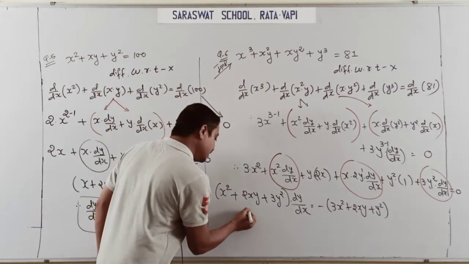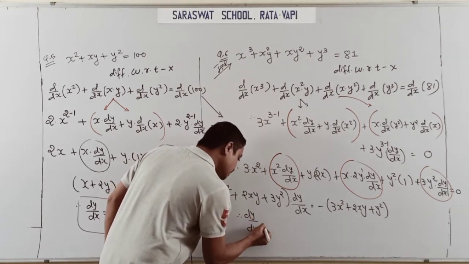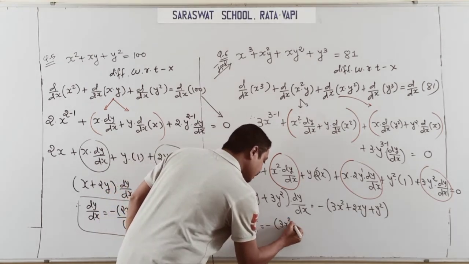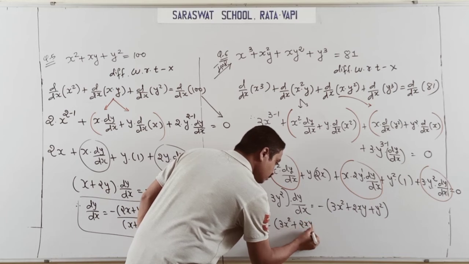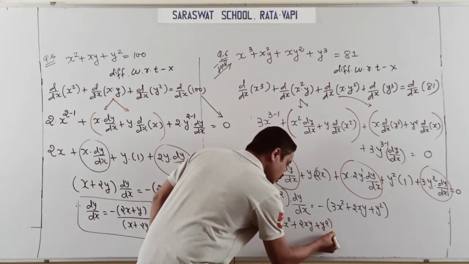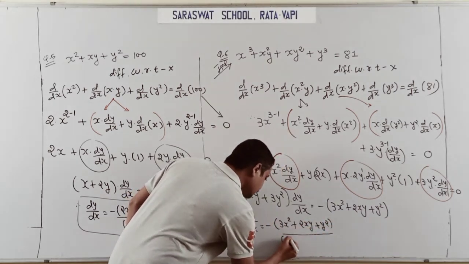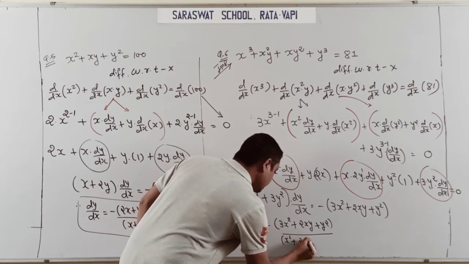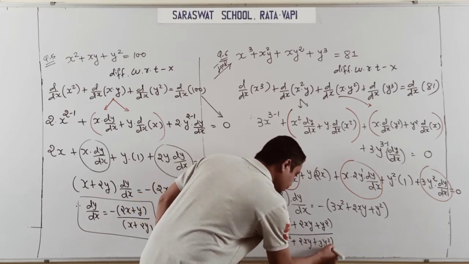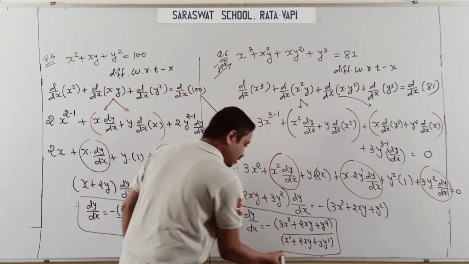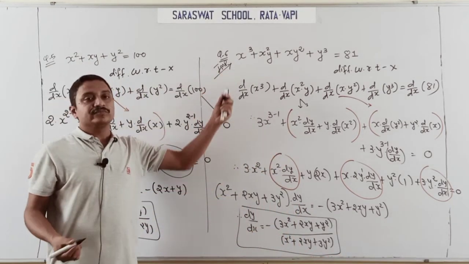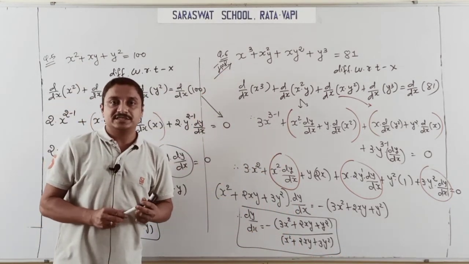So finally I get this dy by dx value as minus of 3x square plus 2xy plus y square upon x square plus 2xy plus 3y square. And students, this is the answer for this numerical.